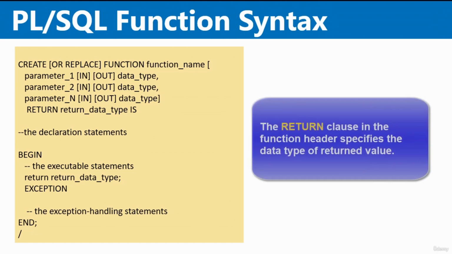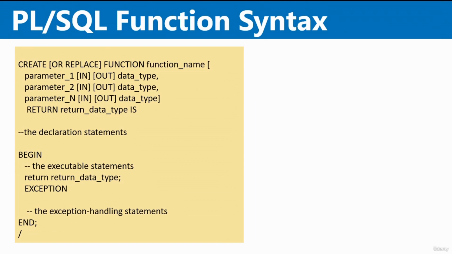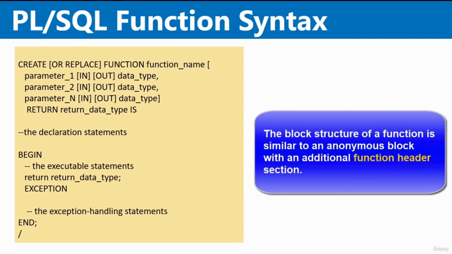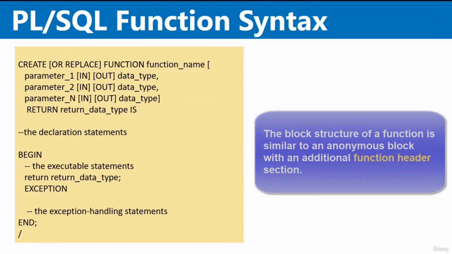The return clause in the function header specifies the data type of the return value. The block structure of a function is similar to that of an anonymous block. The only difference is that it has an additional section for the function header.